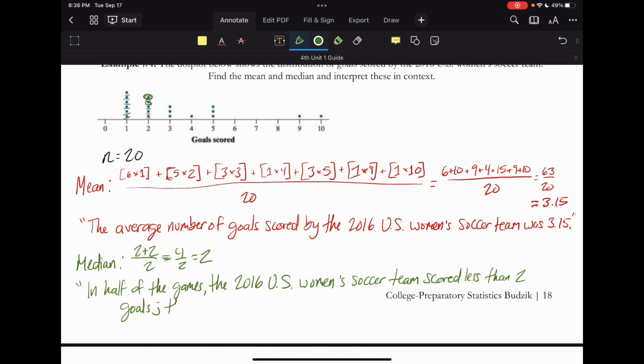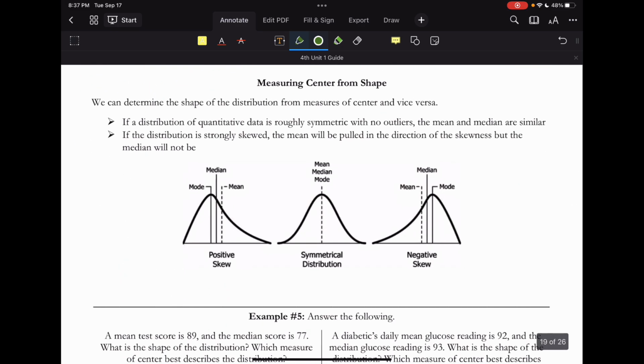And then we can also say they scored more than 2 in half of the games. So just remember, when it says interpret, that means you are, again, giving context about the number and then with the context of the scenario. Okay? All right.